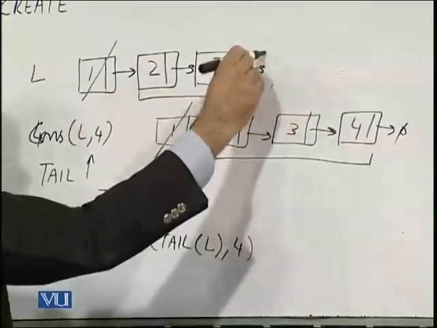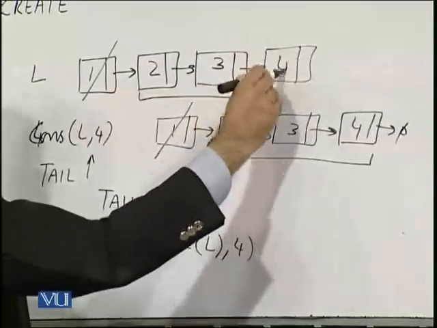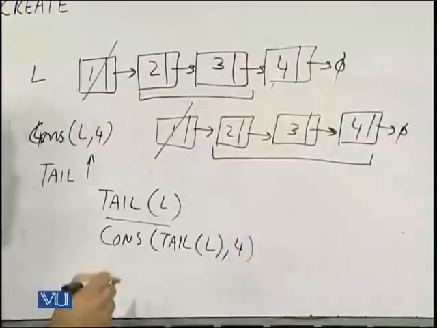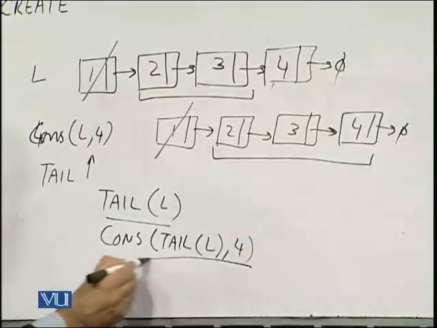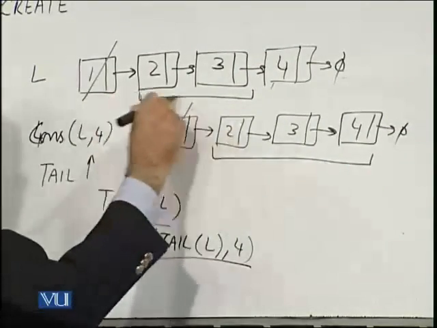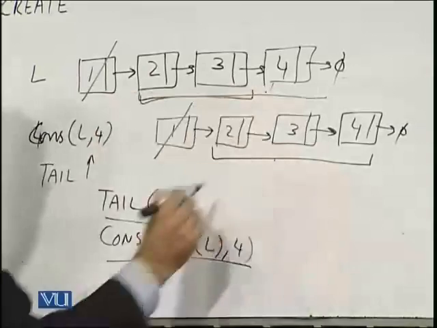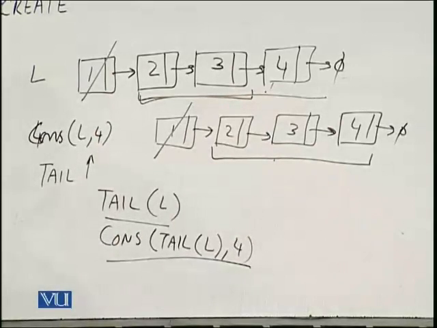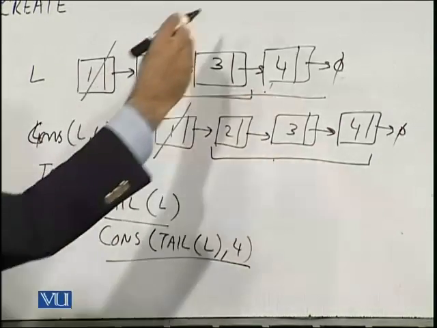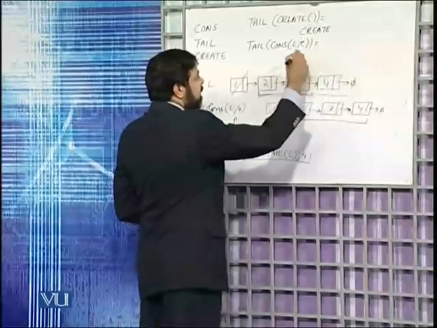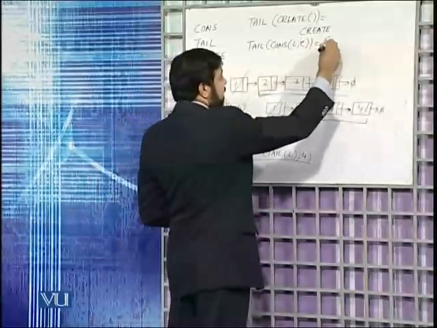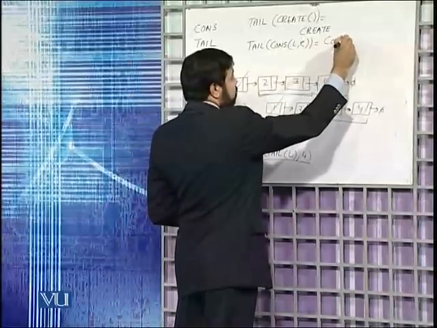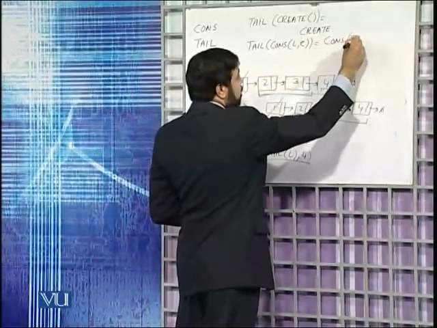That means we will add this element here. So that means if you look at this thing, this and this, they are the same. So what we do is we say this is the same as adding 4 after chopping the head.